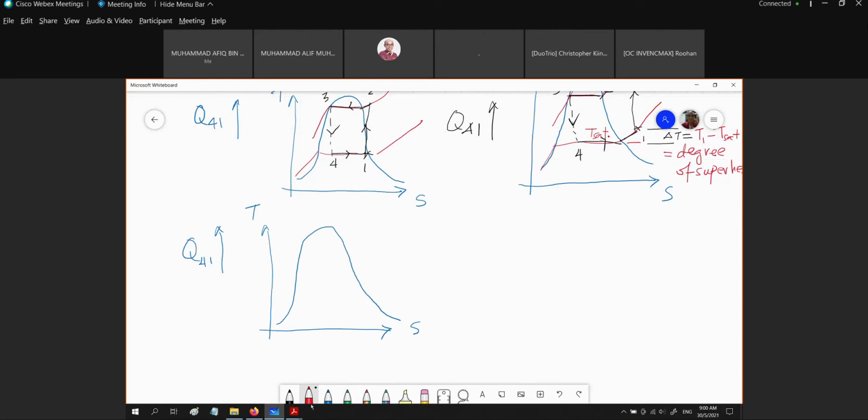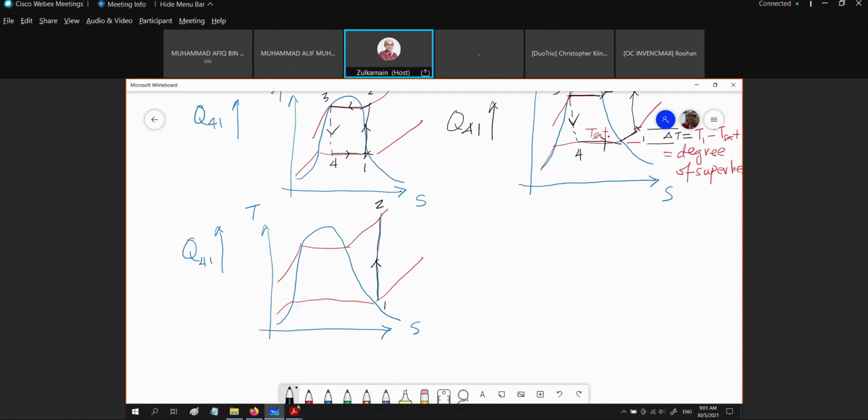This is our pressure of evaporator. This is our pressure of condenser, right? And then assuming that we have a superheated vapor going into the compressor, 1, 2, then we are going to move the point 3 towards the compressed liquid region.